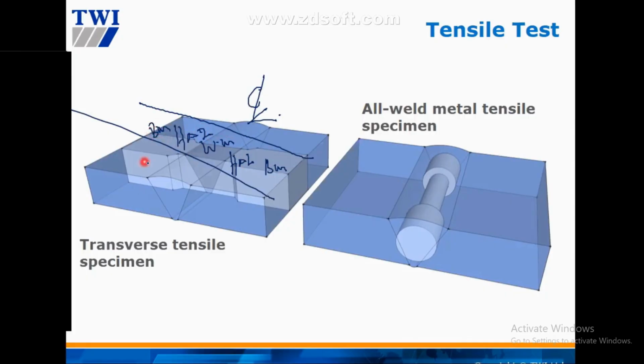Right, so that is the cut transversely. The specimen must include base metal, HAZ, weld metal. All right. But when we talk about all weld metal tensile, all weld metal means the specimen they take from the weld only. It's not including HAZ nor base metal, only weld. Yeah, okay.